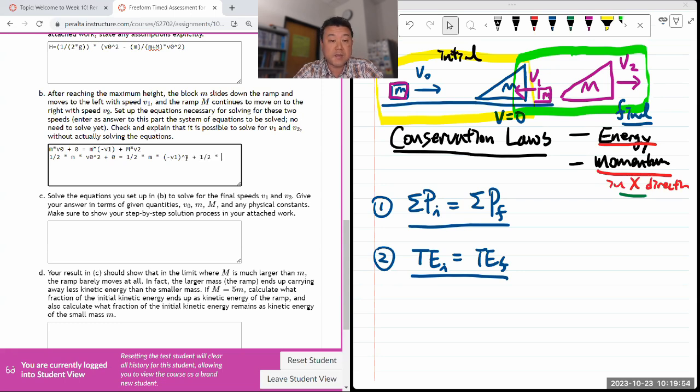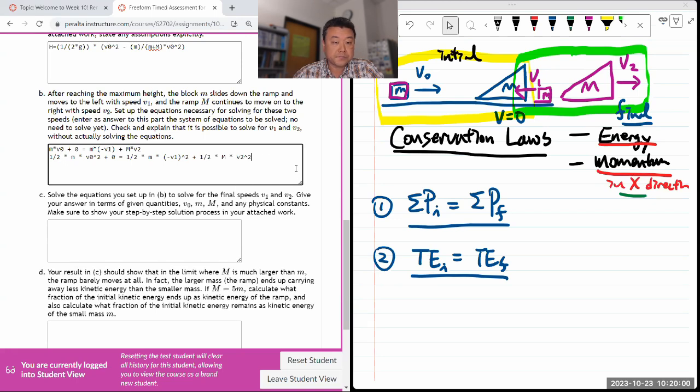Plus 1/2 times big M times v2 squared. And I would argue that I have two equations and two unknowns, v1 and v2, so this is solvable. That's it. Actually, quite simple.